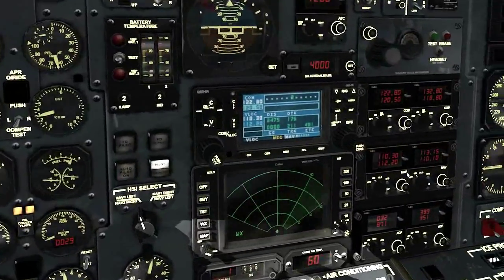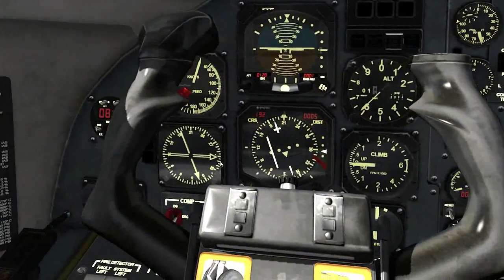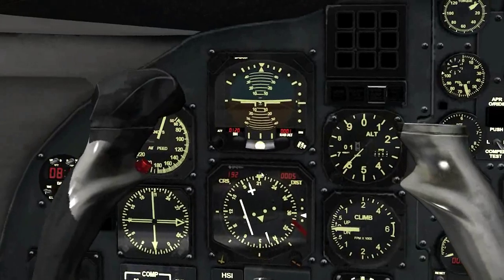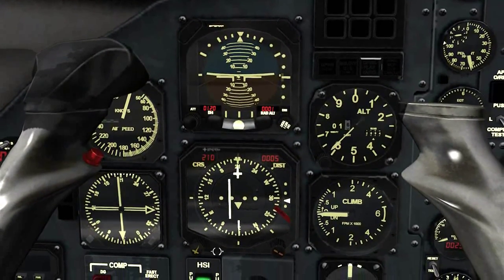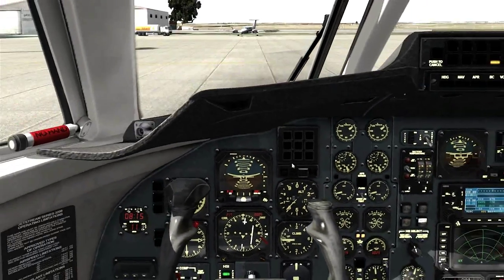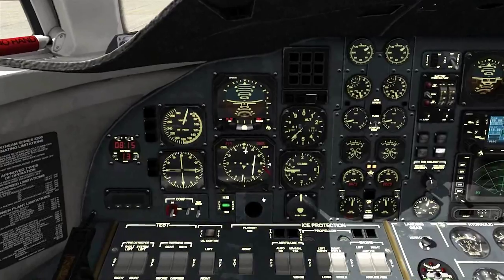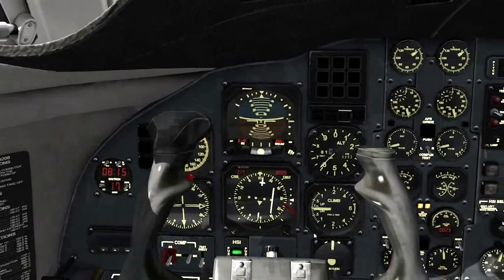If we tune, for example, this frequency, you can see that it comes here on the board, and we don't have any far flag, only the vertical one, because we don't have glide slope information. Of course, we can hide the yoke to see the airspeed.